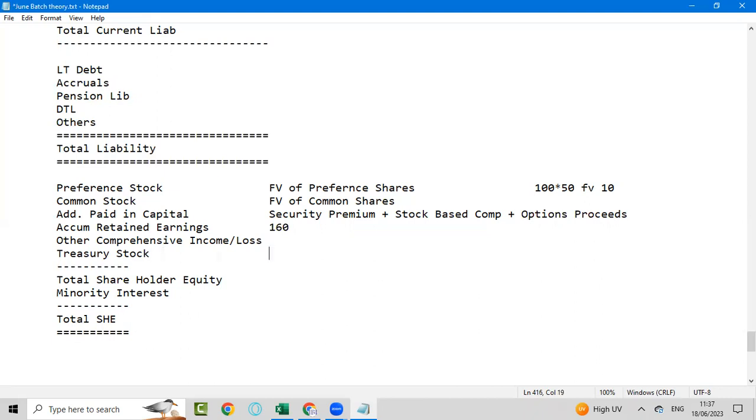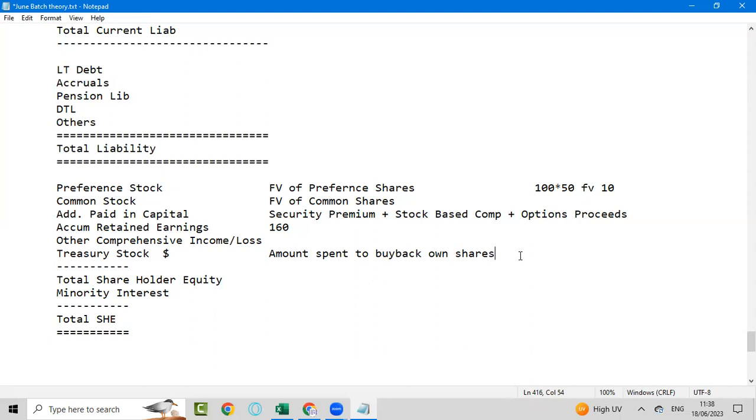Treasury stock. Amount spent to buy back own shares. When a company buys its own shares, amount used to buy those shares is treasury stock. And units shares purchased are treasury shares. So here we are actually reporting amount in dollars.